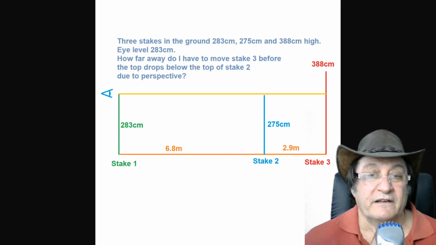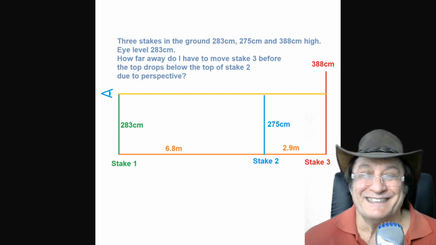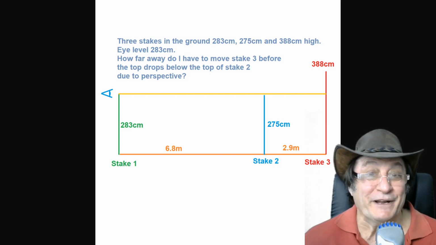So, can any flat earther tell me then how far away do I have to move stake 3 so that the top is seen below the top of stake 2? If you can solve that, then you'll convince me that perspective is the imaginary curve. So, don't just say it. Solve this problem and I'll believe you.